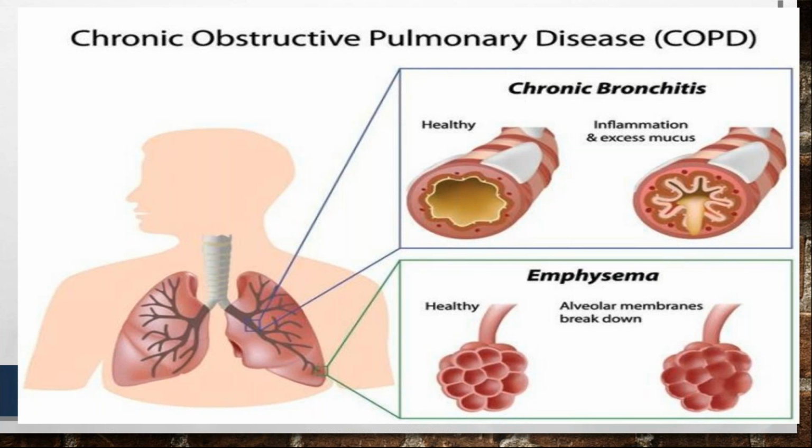Then on the bottom, we can see that alveoli on the left, that nice healthy shape, kind of looks like a grape. And again, all of those different areas allow for that oxygen to actually bind into those specific little ports. Now we've got somebody who's got emphysema, those membranes break down, and as a result, it's very difficult for that oxygen molecule to actually bind into the alveoli.